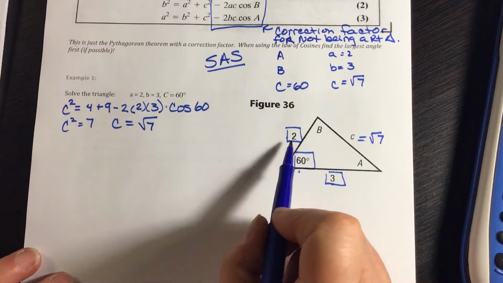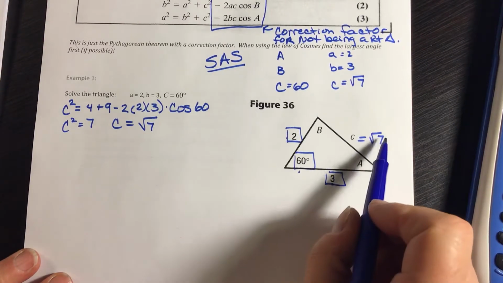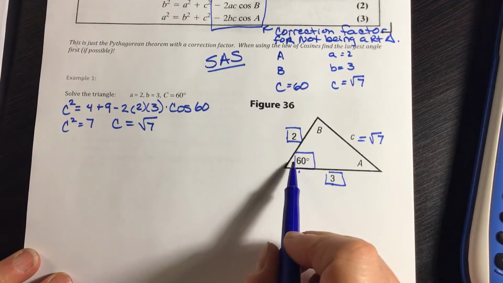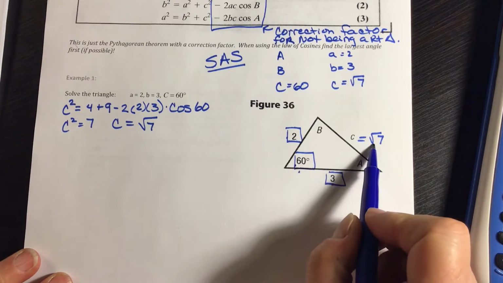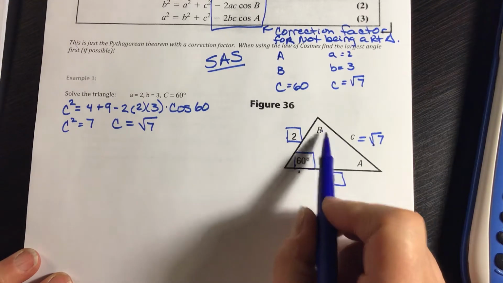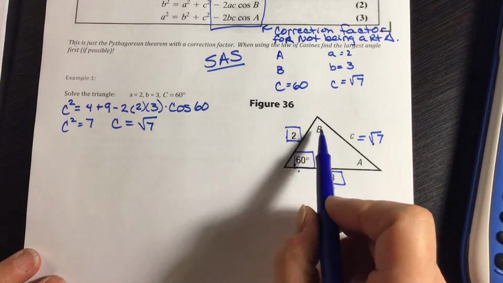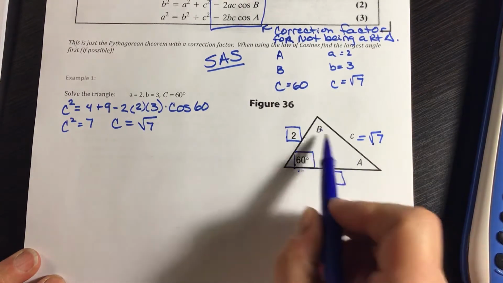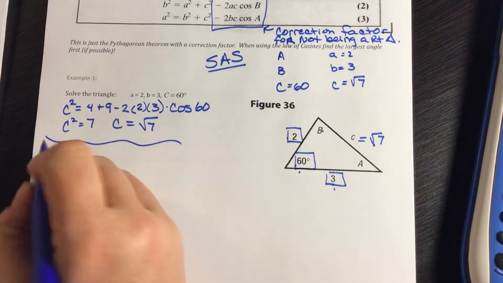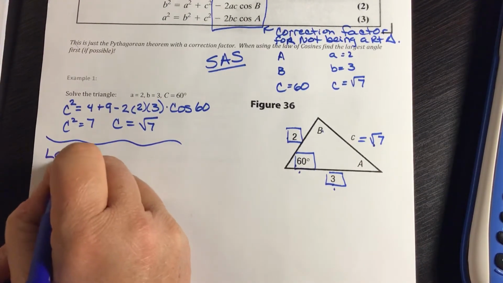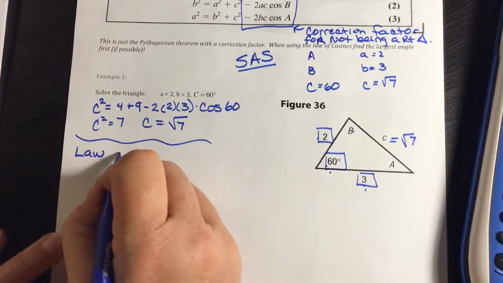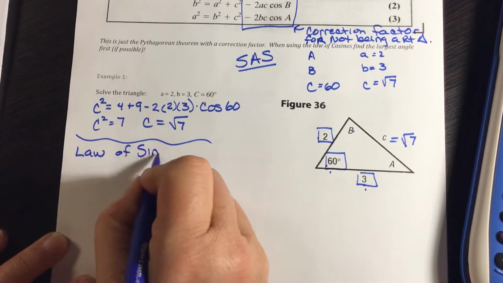Now, I have an angle and a side opposite that angle. Now I could use the law of sines that we did in the previous section to find either angle A or B. So now I'll do law of sines.